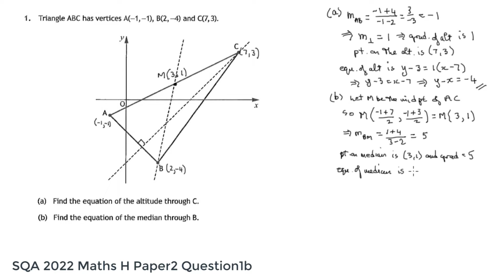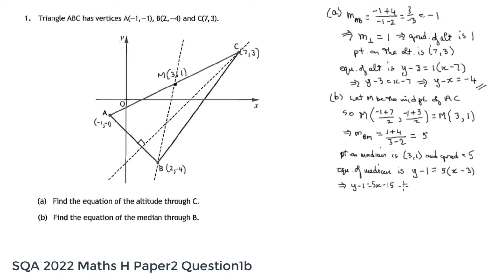is y minus b, that's y minus the y coordinate, equals the gradient, 5 times x minus a, which is the x coordinate. Let's tidy that up. y minus 1 equals 5x minus 15.